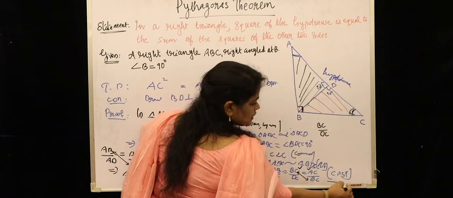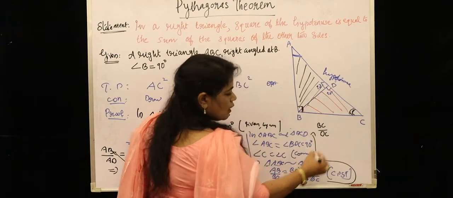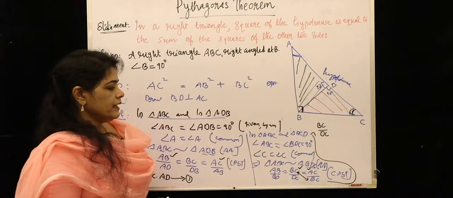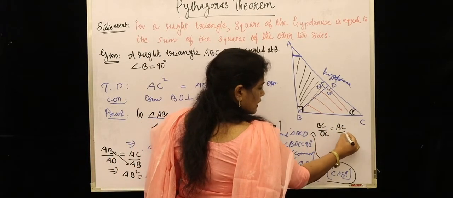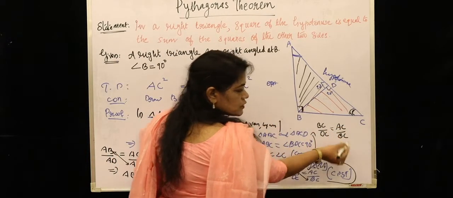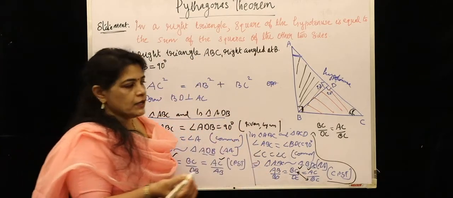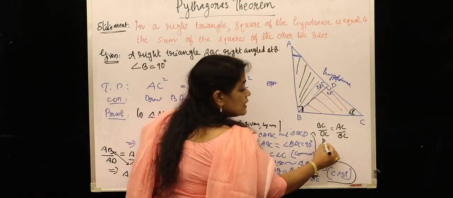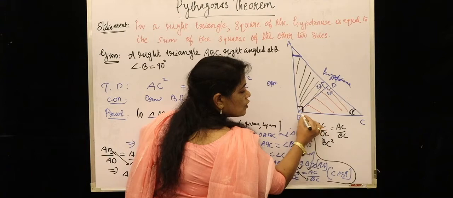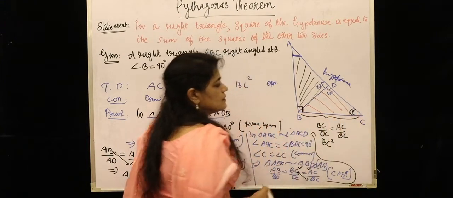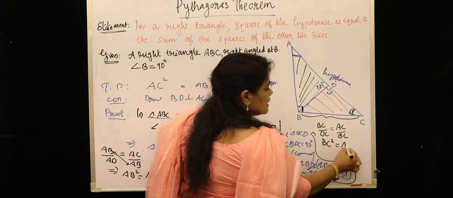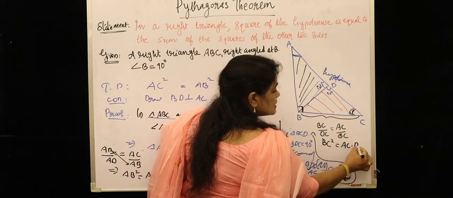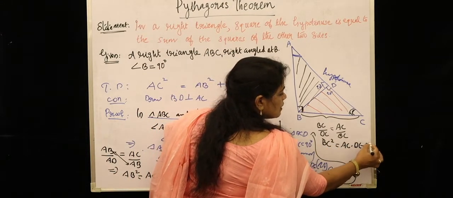BC by DC equal to AC by BC. See, by cross multiplication, you will get BC square, the square of this side, base, equal to AC into DC. This can be equation number 2.